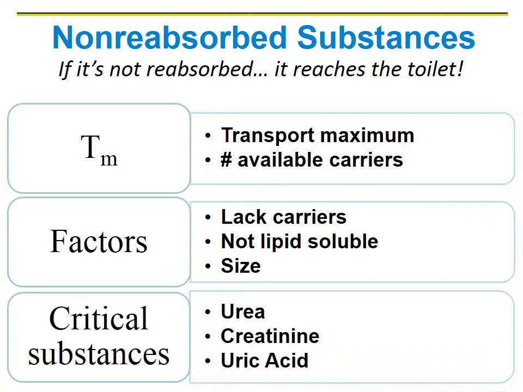And size. If the substance is larger, it has to be transported using vesicles. Lastly, the transport maximum of critical substances is clinically important because there are no normal values. Here we see urea, creatinine, and uric acid, to name a few.